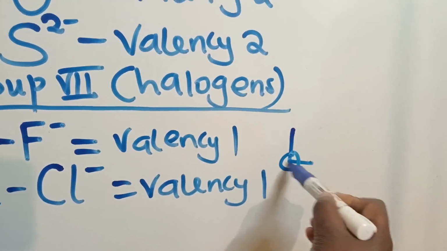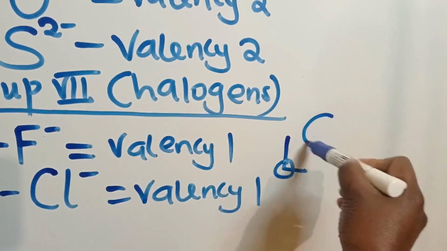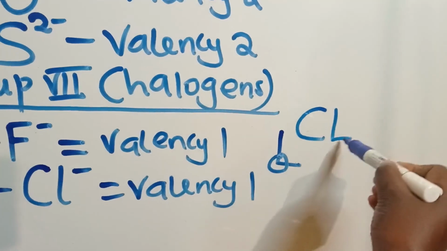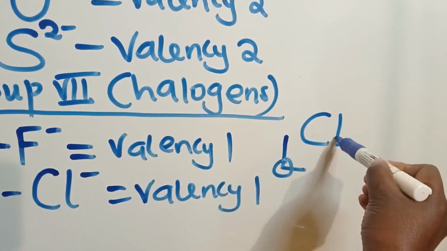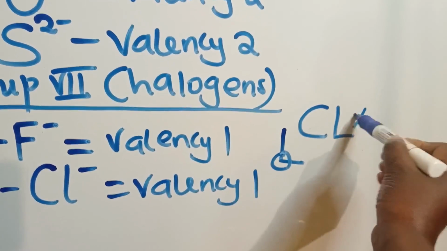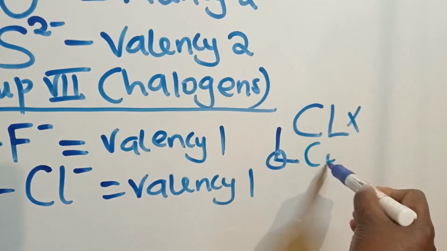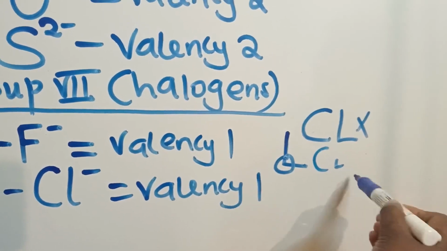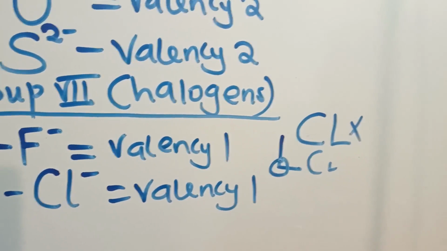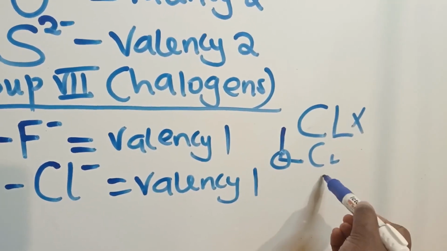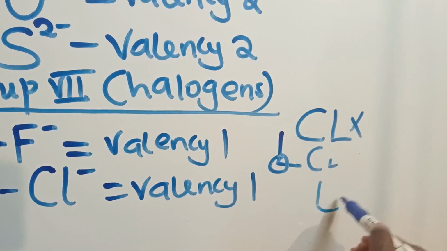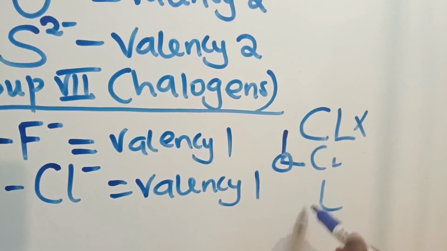This one is capital L. So if you write chlorine with an L that has a sharp corner, it will be wrong. However small the L is, if it has a corner, it will be very wrong. So you should instead have an L that has a rounded corner.